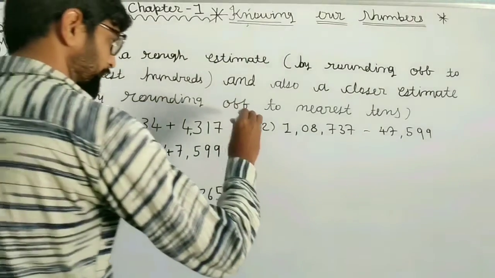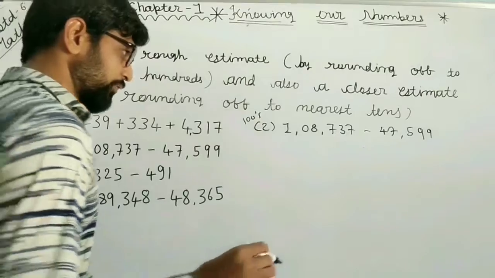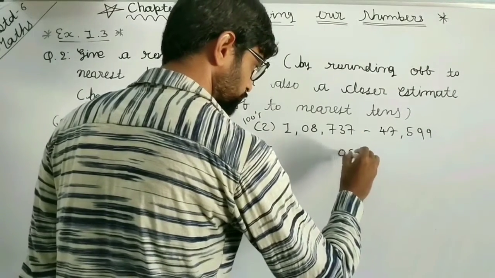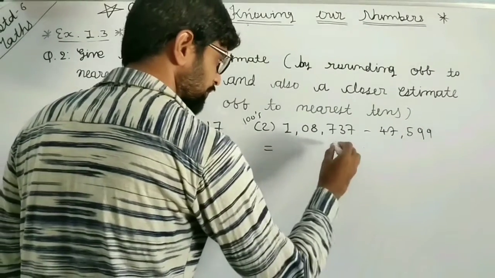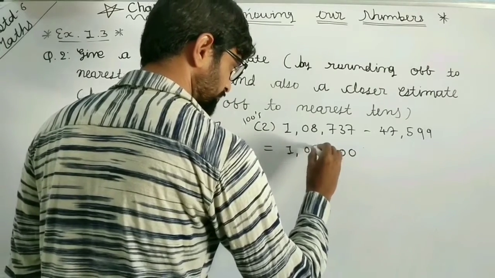Now first I will take the rounding of hundreds. So for the 100, 20. Then see after the 100 place, 3. 3 is less than 5. 7 will remain the same and the remaining also as it is.